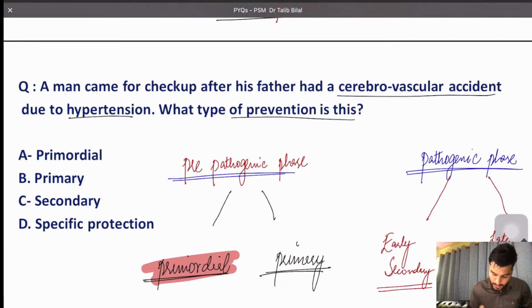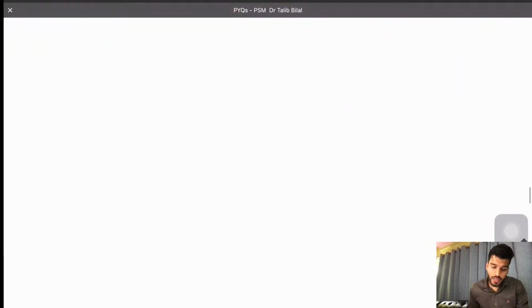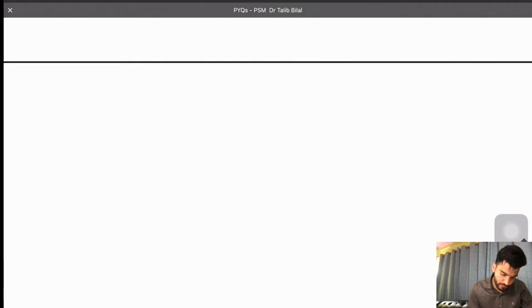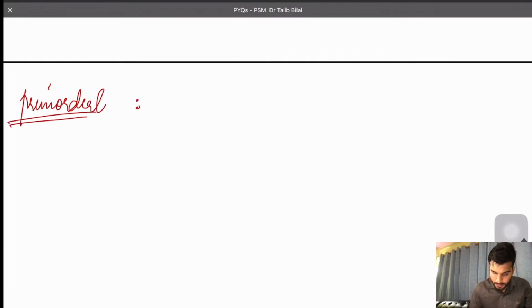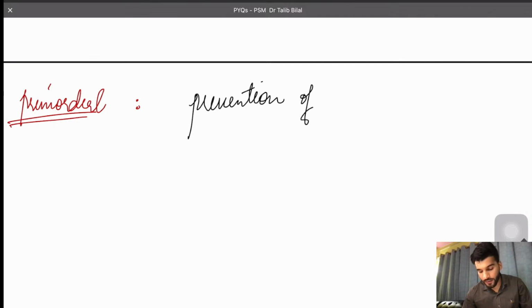Now what do I mean by the primordial type of prevention? Write it down: prevention of occurrence of a risk factor.